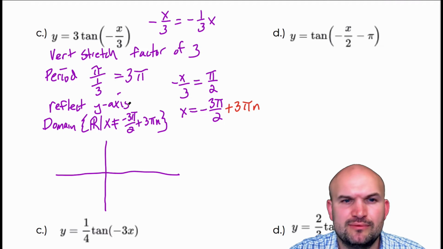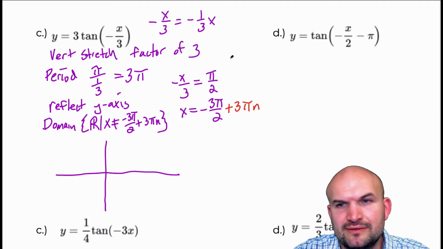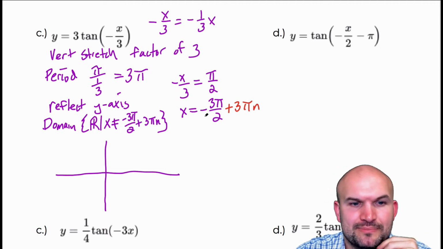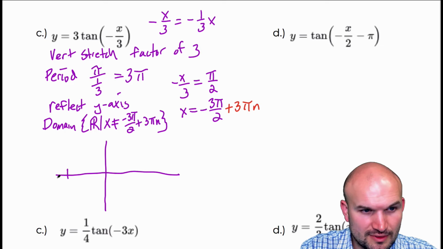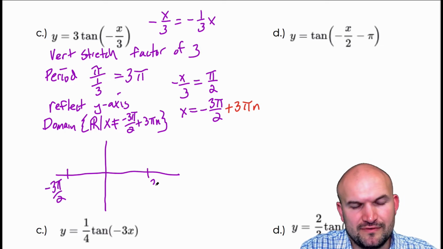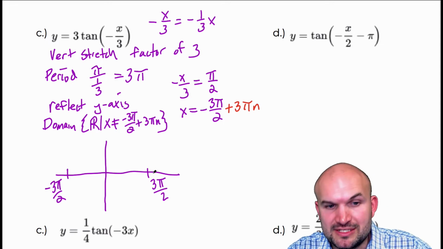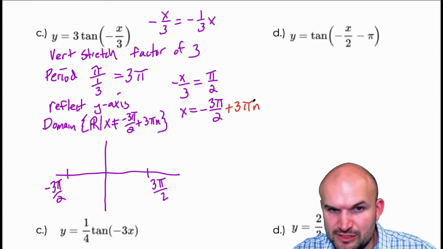Oh, I guess it really wouldn't have mattered. 3 pi halves, I probably don't really need to include the negative here, but you could use that either way. So we could say that's going to be negative 3 pi over 2 and a positive 3 pi over 2. And if you can see the distance from negative 3 pi over 2 to positive 3 pi over 2, you can see that distance equals 3 pi.